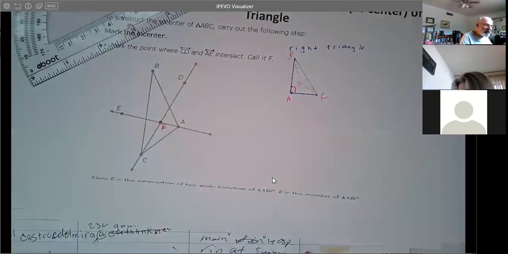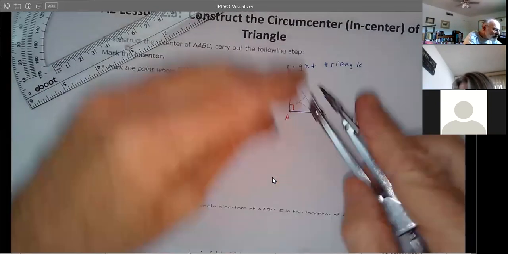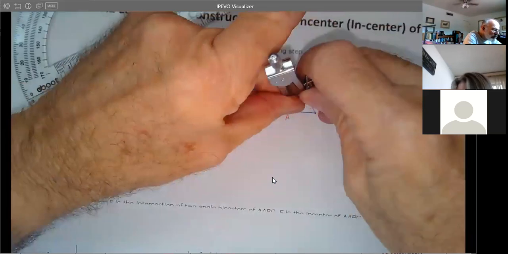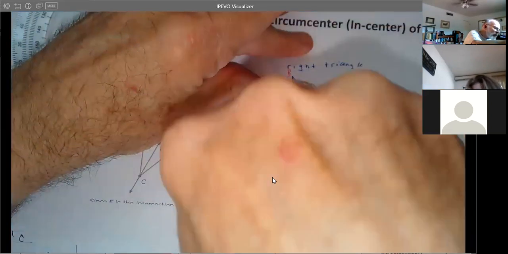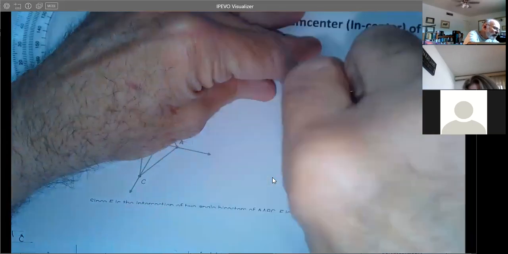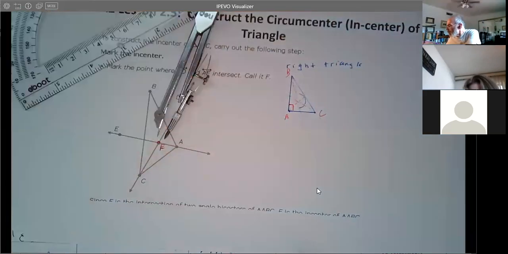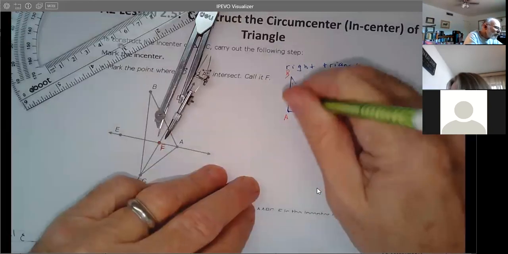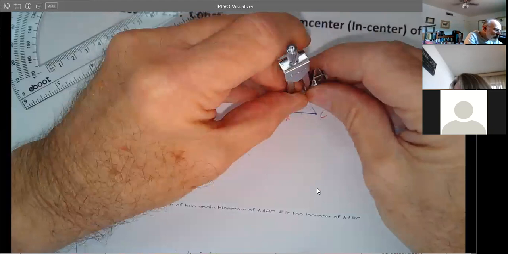Now, if I were to get my compass and assume that that's roughly the center, I'm a little bit off here because I was doing this manually. Let's erase this. I think I'm going to have to bring it in just a little bit. Let's see here.